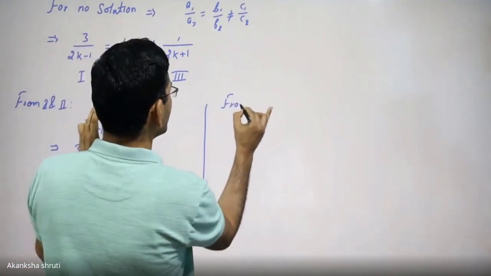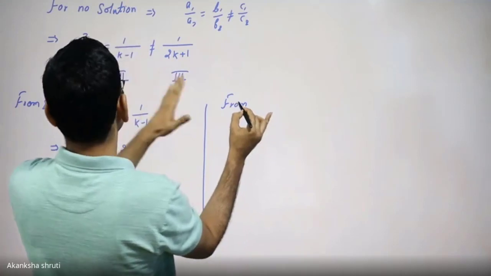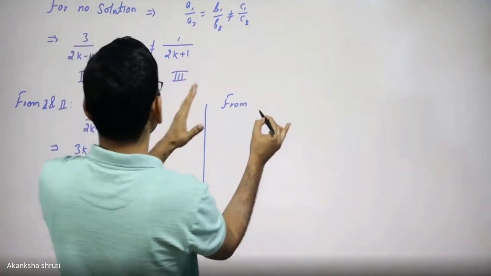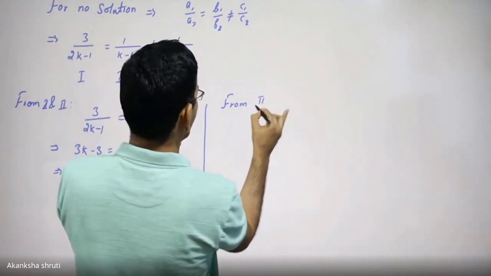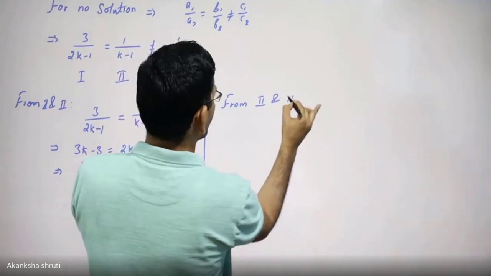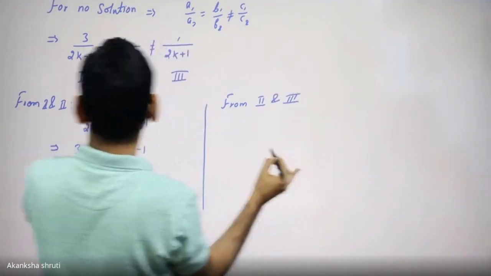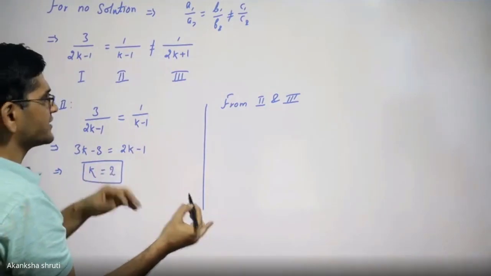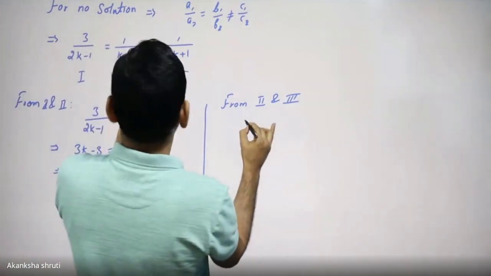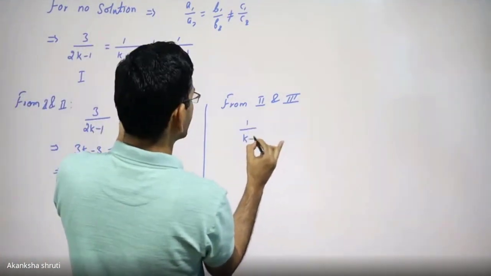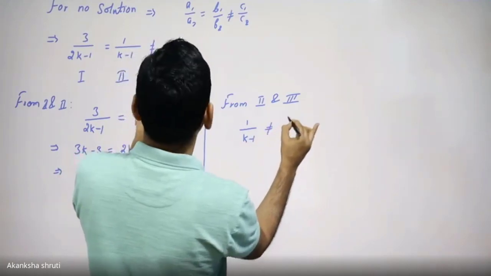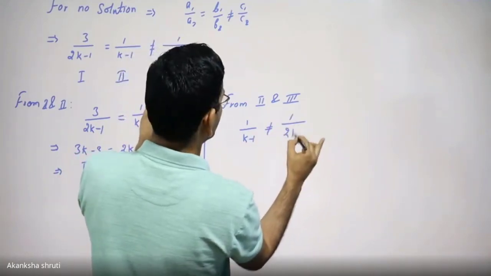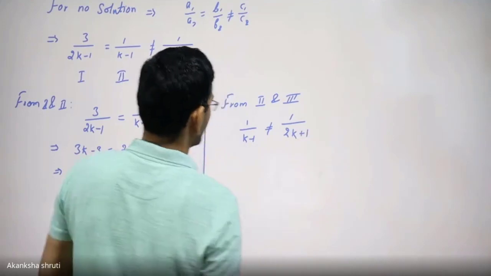So take first or third, or second or third, you are free to choose any of them, because first and second are equal, so that doesn't matter. So take 1 by k minus 1 should not be equal to 1 by 2k plus 1.